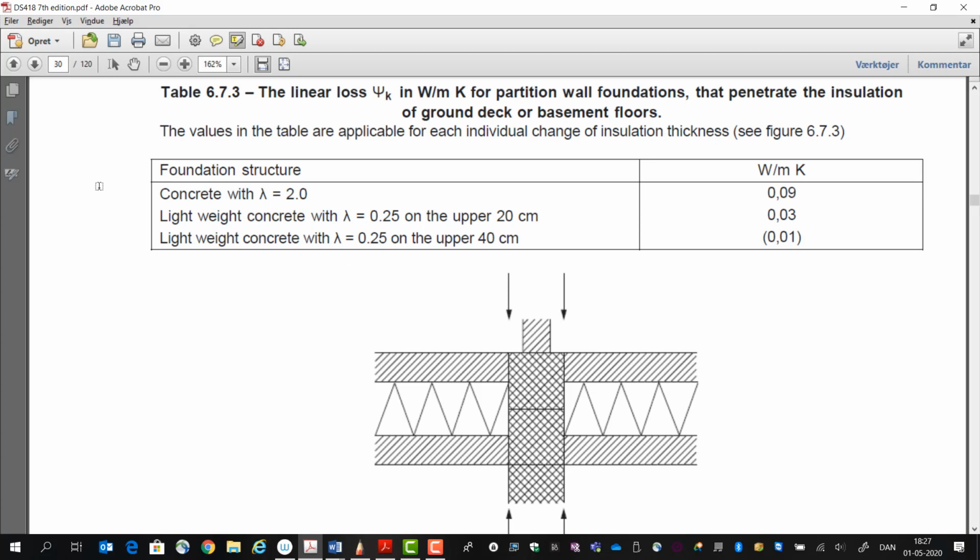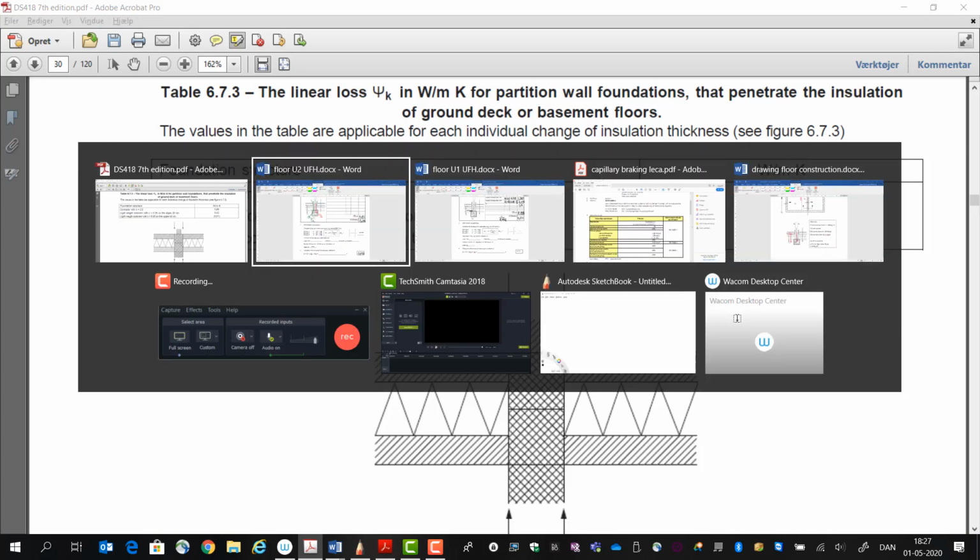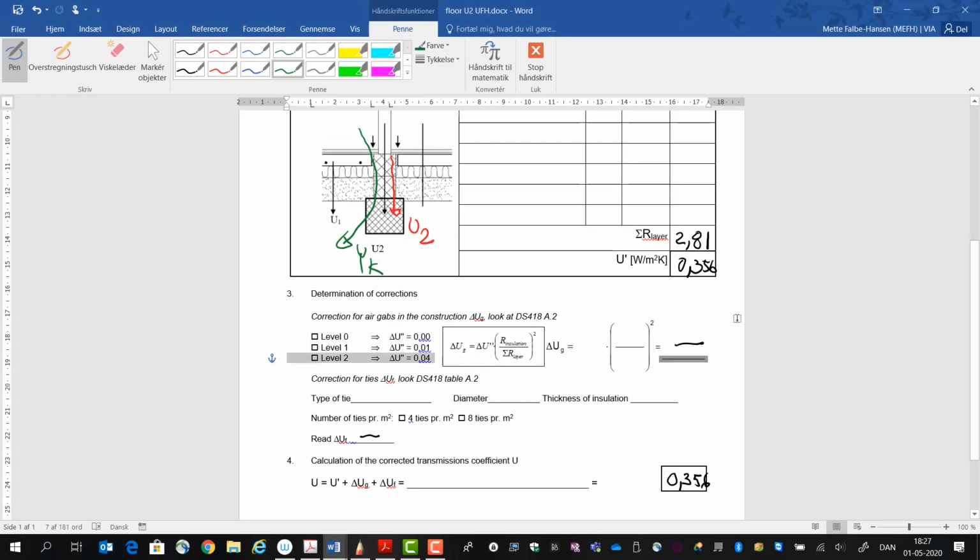And here we can see in this table that we have concrete. Now we have light clinker concrete. If we have only one block, it's 20 centimeters, but now we have two blocks. So the linear loss will be 0.01. So the psi k. So we write that in here.